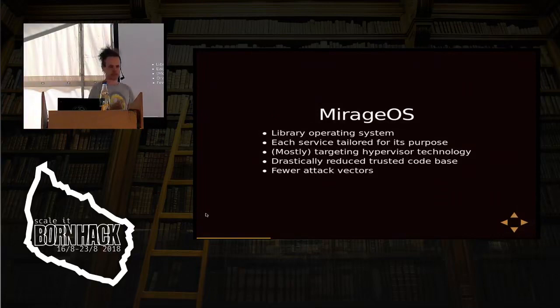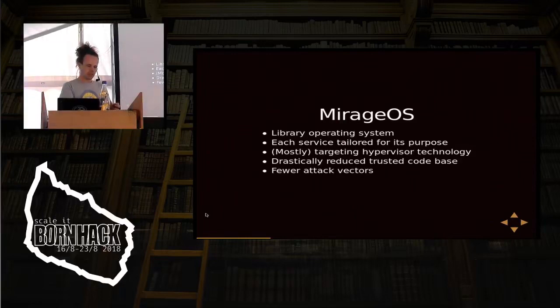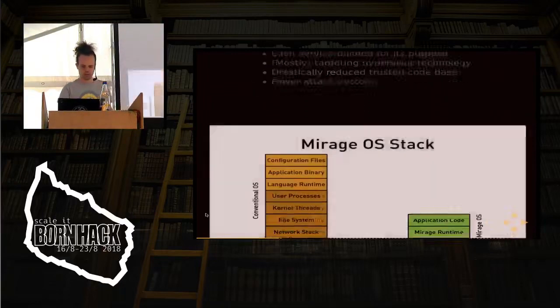The different ways you can get into the system are fewer because we use a high-level programming language. And we reduce the attack surface by reducing the code size. Instead of having everything in there, you have a single-purpose operating system which solves exactly one problem.